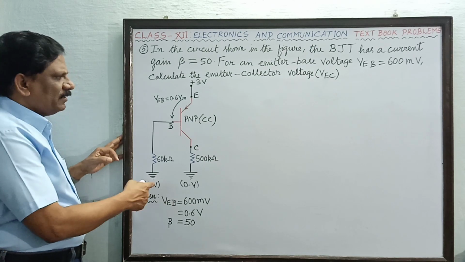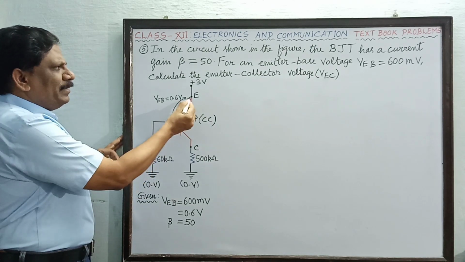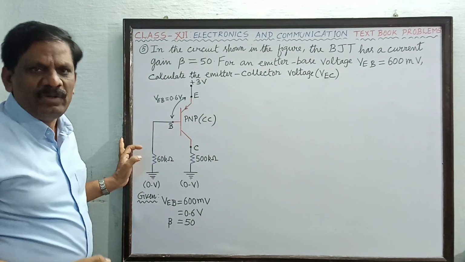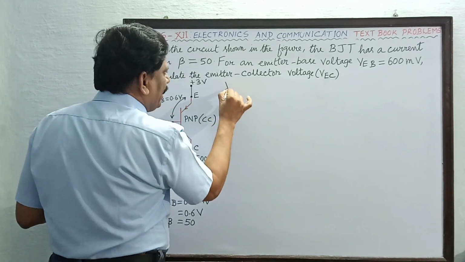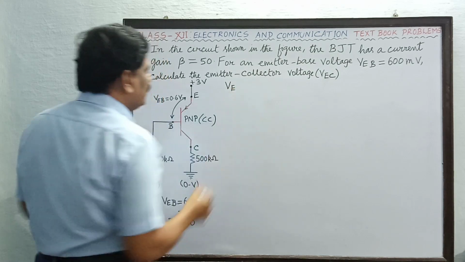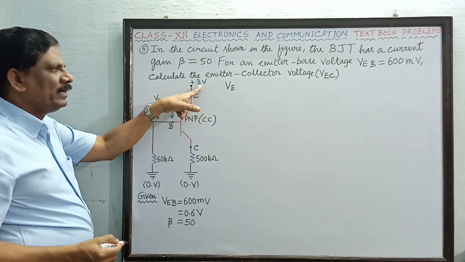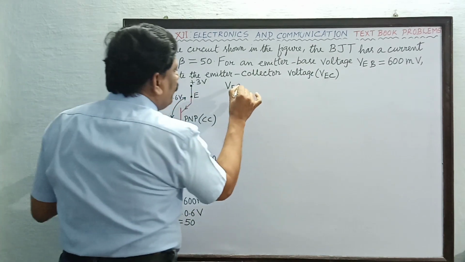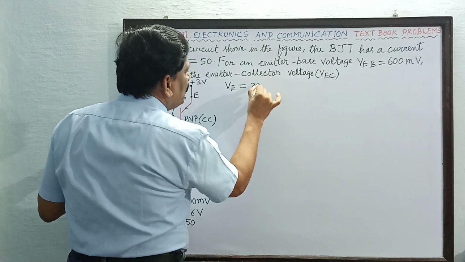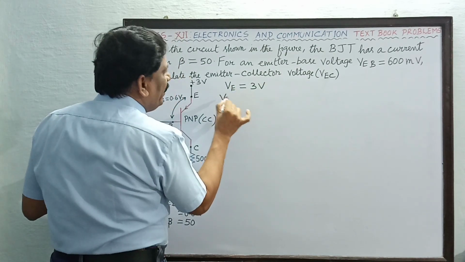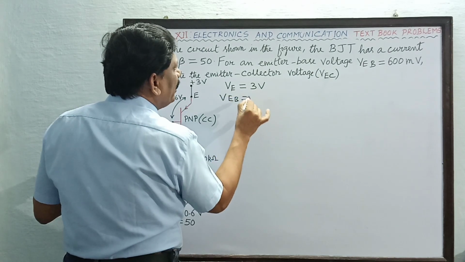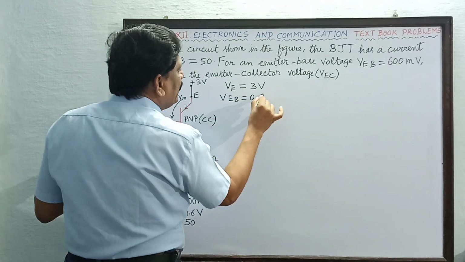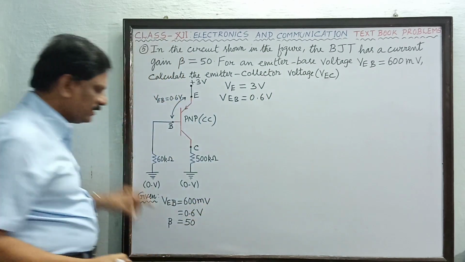Now the emitter is connected to plus 3 volt. So I can consider the emitter potential VE. The emitter potential is equal to 3 volt. So VE is equal to 3 volt and the emitter base junction voltage VEB is equal to 0.6 volt.